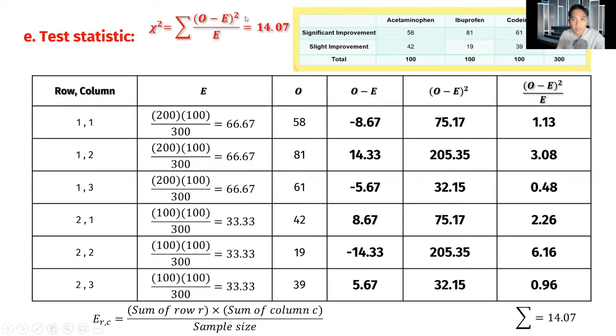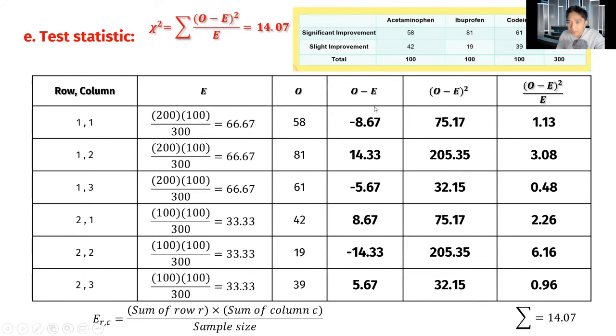Of course, we will use our formula. Chi-square is equal to the summation of observed frequency minus expected frequency raised to 2 all over expected frequency. Now, let's get our expected frequency. So we have row 1, column 1. From the given table, for row 1, we look at the total.